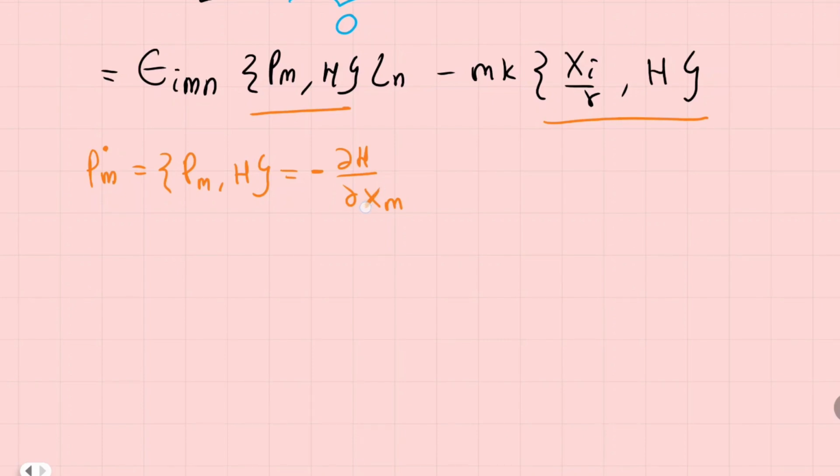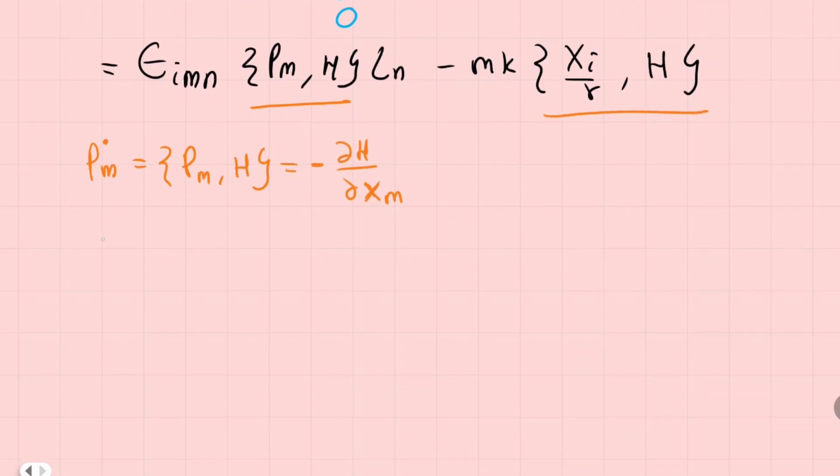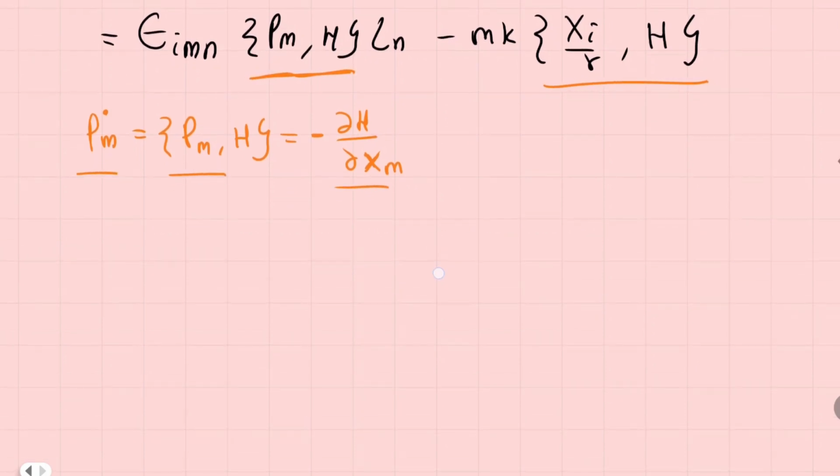And I'm using x because in the context of the Kepler problem, the generalized coordinates q, p are x, p, okay? The position and the momentum. So we are going to use this to calculate this Poisson bracket over here.